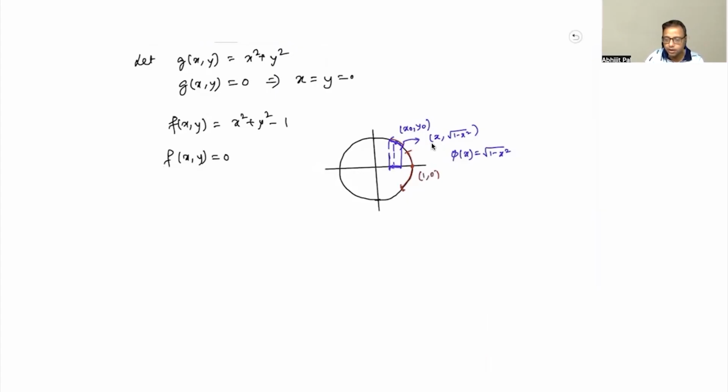So it is not a graph of a function over the x axis. But over the y axis, this red arc is a graph over this part of the y axis.